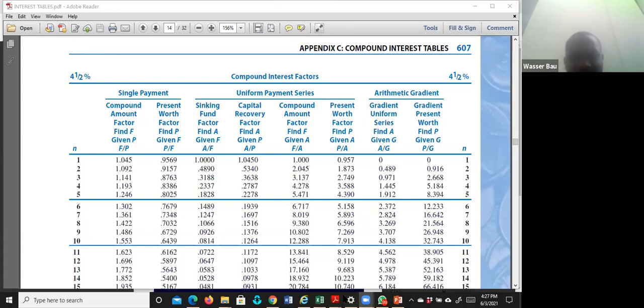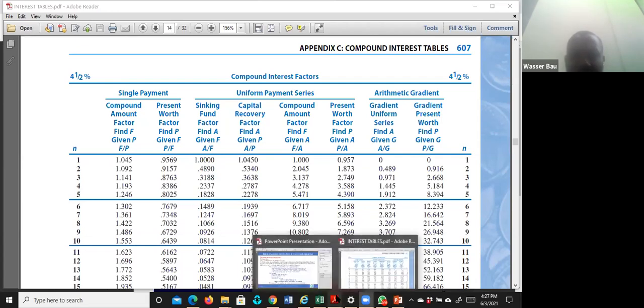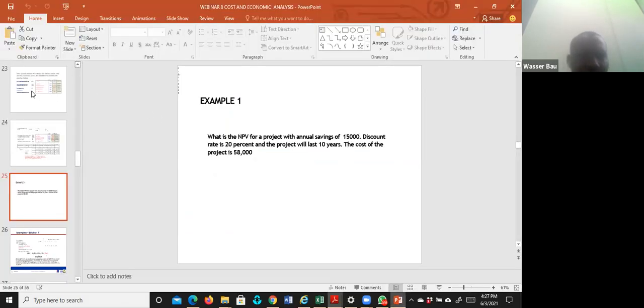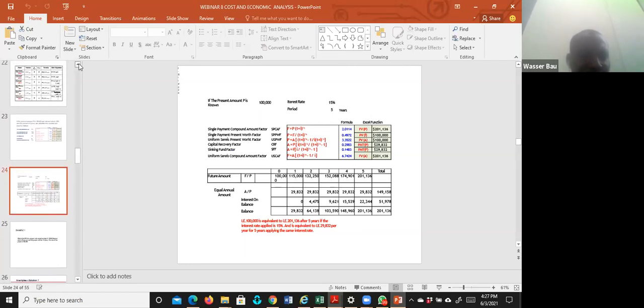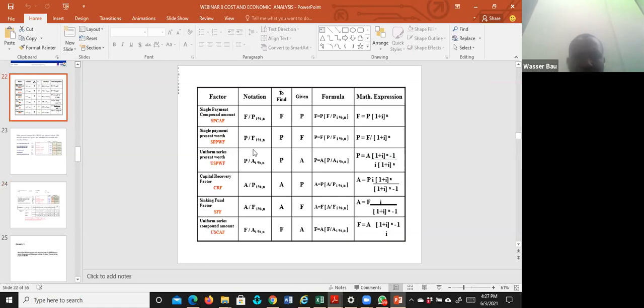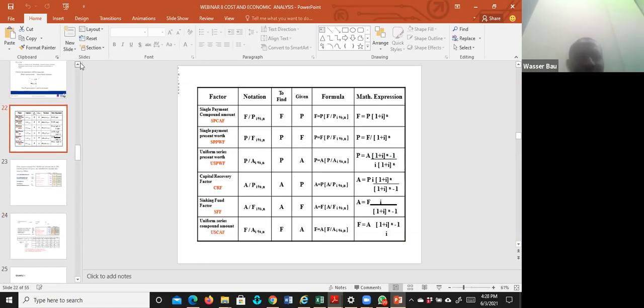So if you are given any problem, as I said, you will be given the N and the I. So your task now is to say, among these factors, which one am I looking for?